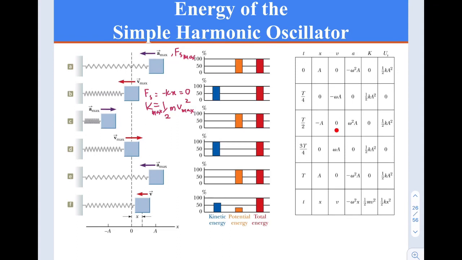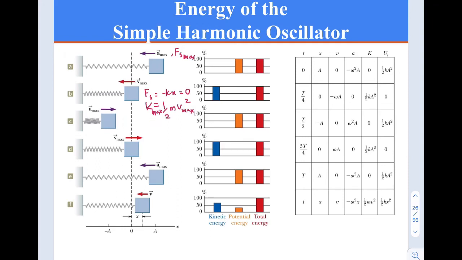So V is going to be 0, kinetic energy is going to be 0. All of the energy is in terms of potential energy, 100%, which is equivalent to E total, which is half Ka squared.